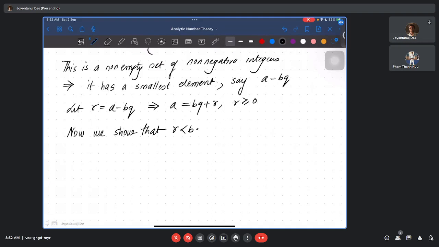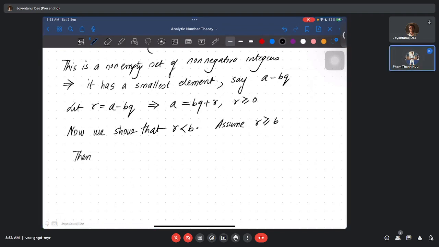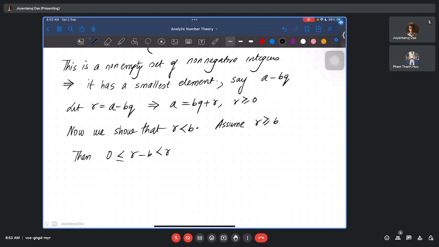So now we show that r is strictly less than b. We assume for contradiction that r is greater than or equal to b. Yes, we can subtract more. If I subtract b from r, that is non-negative and it is smaller than r, right?